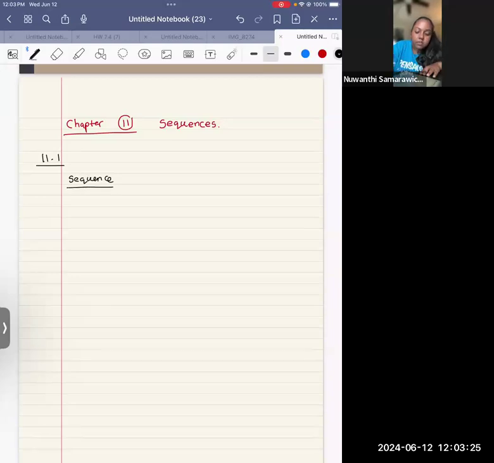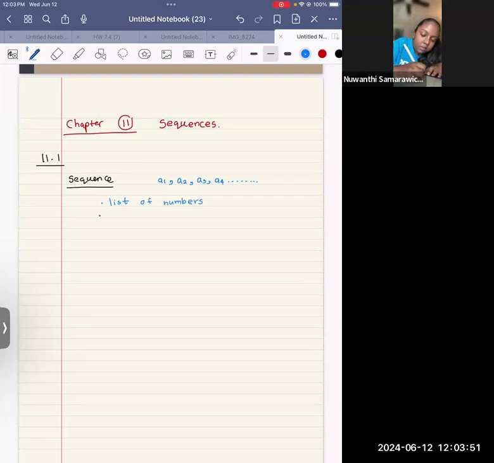So in a sequence, you will have terms like this: A sub 1, A sub 2, A sub 3, A sub 4, like that, discrete. So you will get a list of numbers.